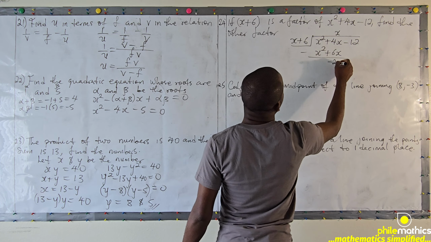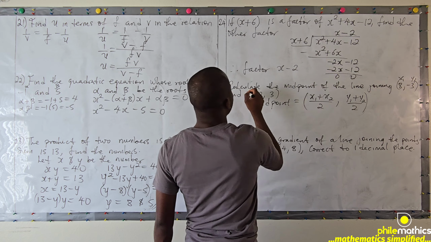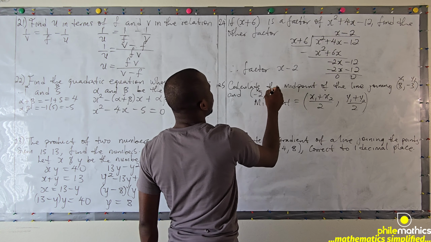Question 25 says calculate the midpoint of the line joining (8, -3) and (-2, 3). The formula for the midpoint is simply x1 plus x2 over 2, y1 plus y2 over 2. That is, this is x1, this is y1, this is x2, this is y2.